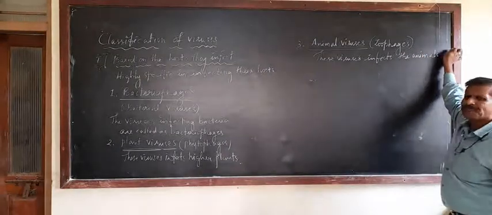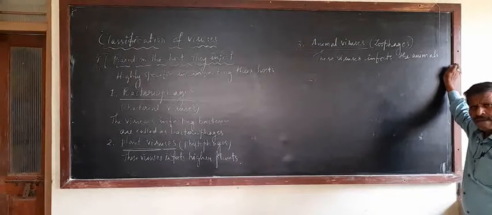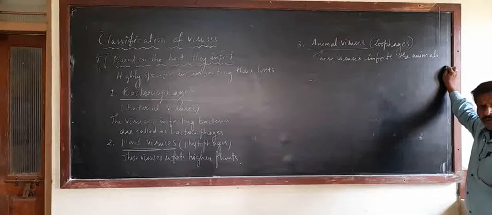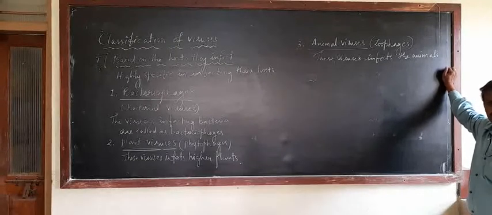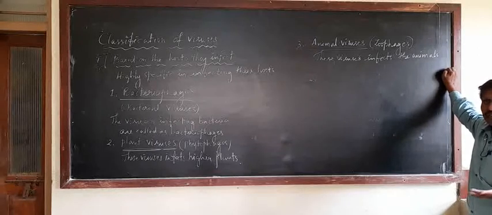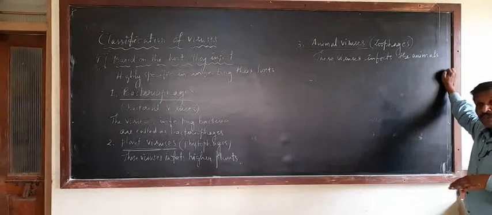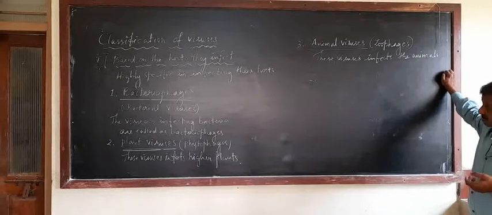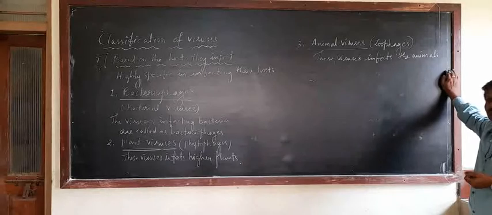For example, consider a child. Maybe the polio virus, maybe the smallpox virus, maybe the recent virus that is responsible for causing so much havoc, a highly pandemic COVID-19 virus. This is also that kind of virus.